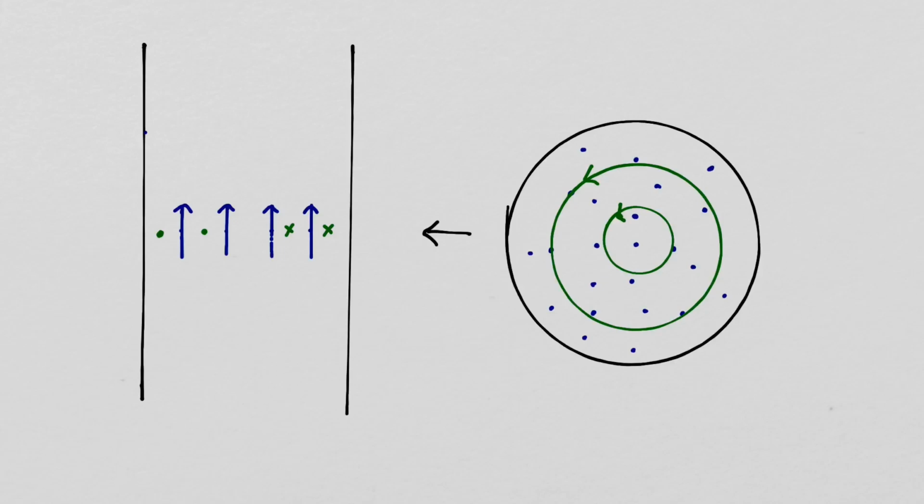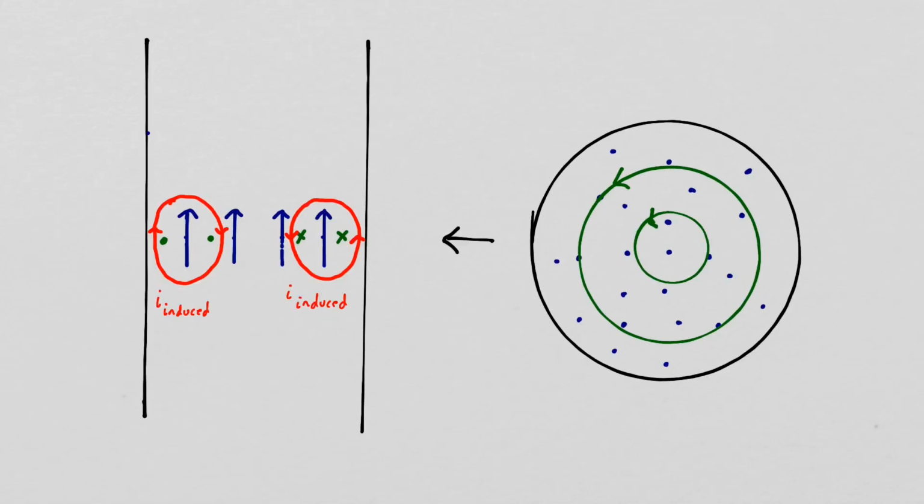The increasing magnetic field into the page on the right-hand side of the wire will induce a counterclockwise current that will produce a magnetic field out of the page.